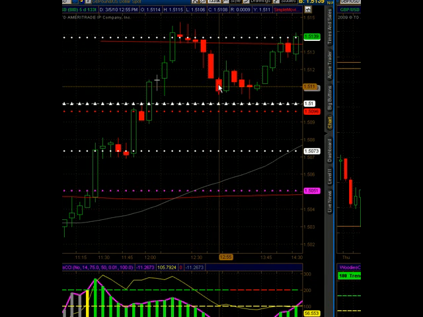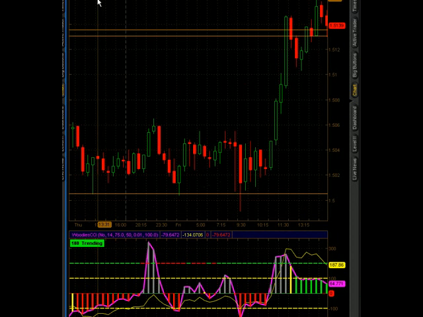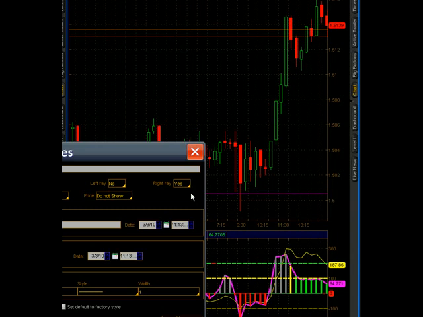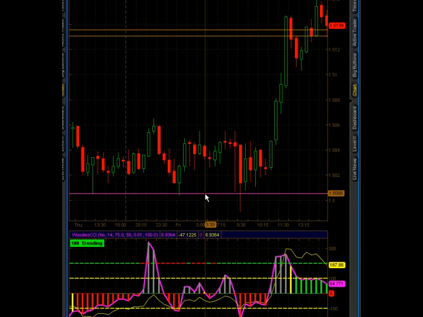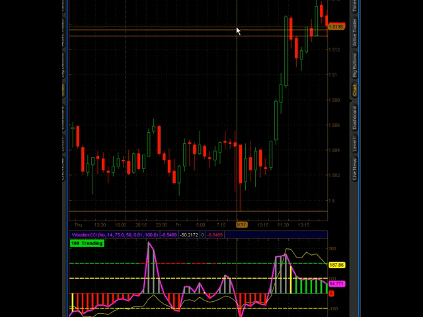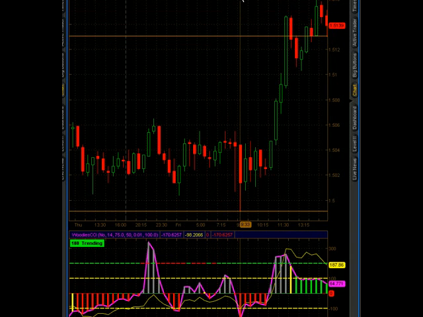So basically what I'm going to do now is take a look at marking off where Friday's lows were. So I'm just going to move this down to Friday's low, and I'm going to move this up to Friday's high, and I can get rid of this one for now.